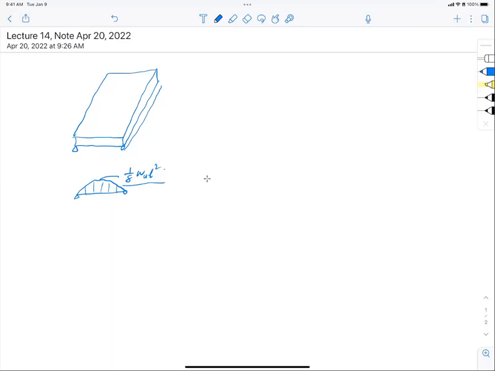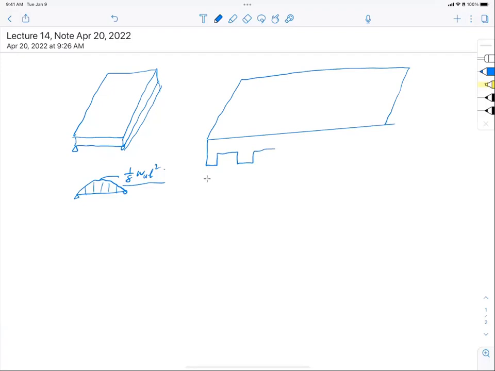But in reality, all your slabs are not necessarily simply supported. All your slabs are actually continuous. It means that I usually don't have a simply supported slab, just simple like that, right? Usually you actually have a poured monolithic slab, meaning you're most likely going to have a slab like this, and you will have beams poured together like that.